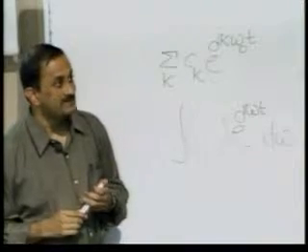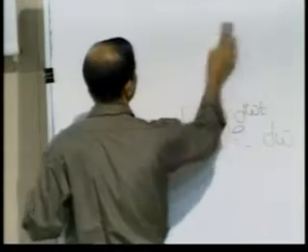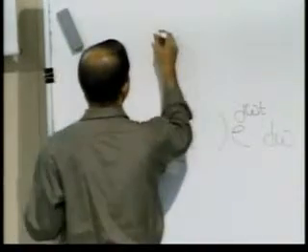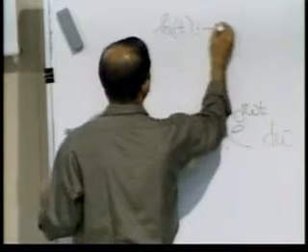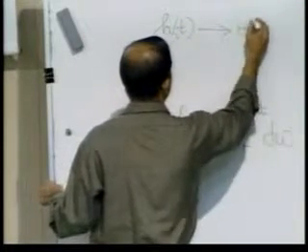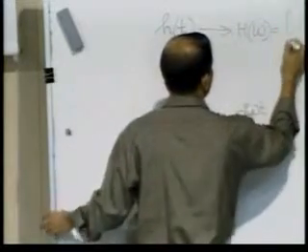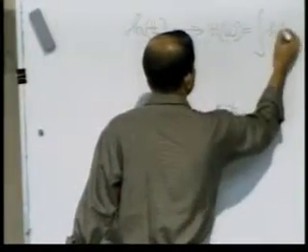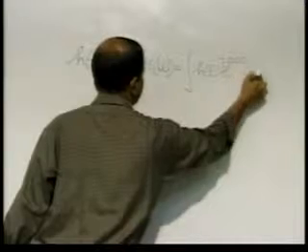So, we knew that for ht we had h omega described by the integral of ht e raised to the power minus j omega t dt.